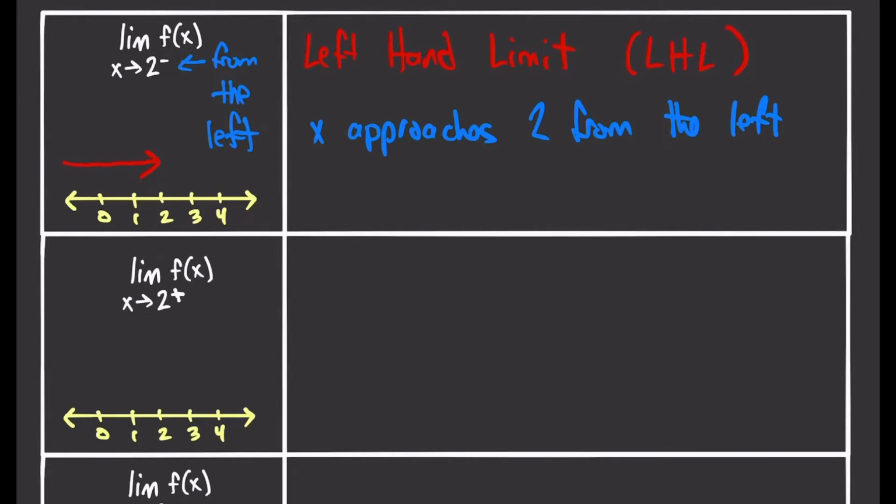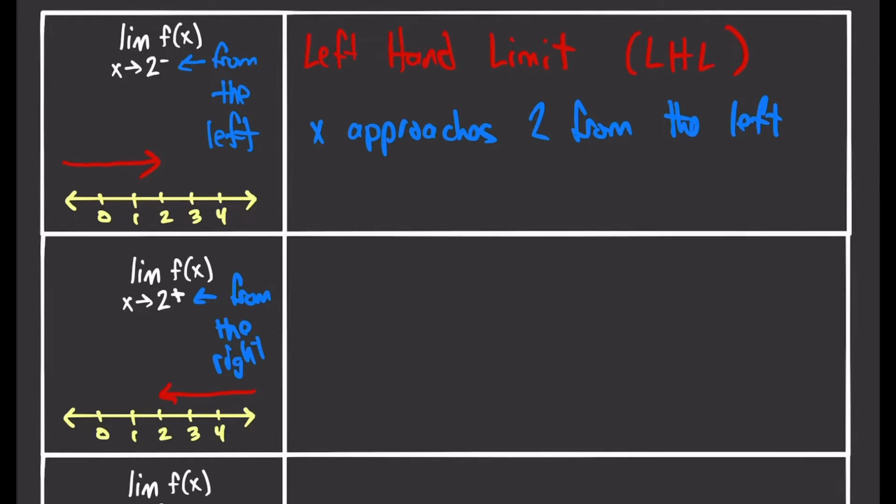Okay, next one. Limit of f of x as x approaches 2 plus. Well, again, that's not really 2 plus. That is a direction. So you can probably imagine from the one up above that that's going to mean from the right. So now what we're doing is we're approaching from the right, and we're going to stop when we get to 2.